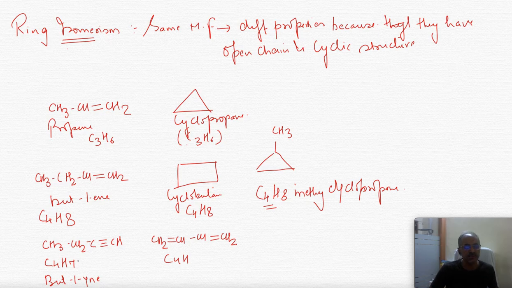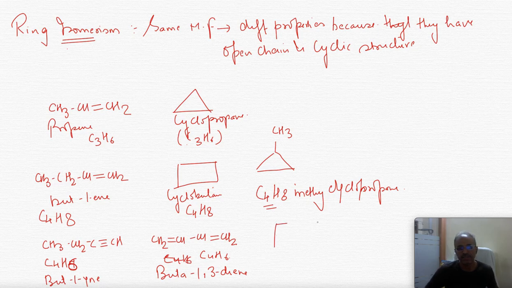Sorry, this is C4H6. Extremely sorry, C4H6. This is also C4H6. Right? It will be buta-1,3-diene, right?